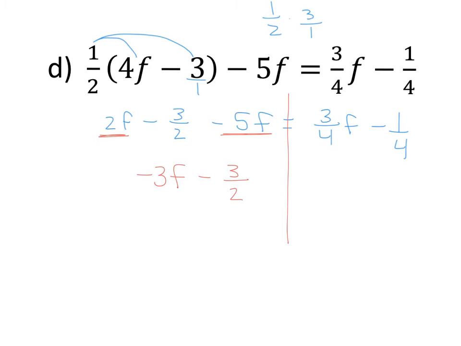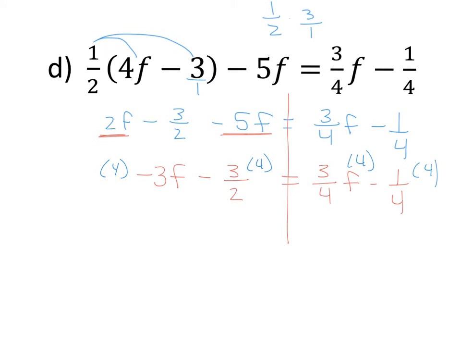Minus 3 halves. And then on the right-hand side here, I have 3/4 f's minus 1/4. Okay, so now I need a common denominator, okay? So what I'm going to do is basically multiply everything here by 4. My common denominator of 2 and 4 is 4. So I'm going to multiply all sections by 4, okay? And you can write one big 4 out front or little 4s.